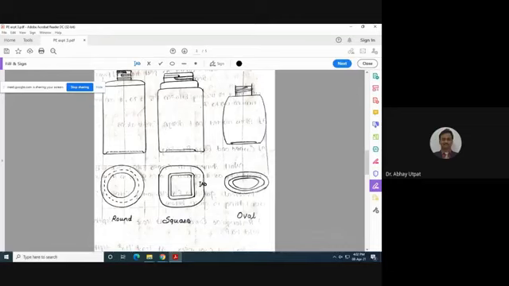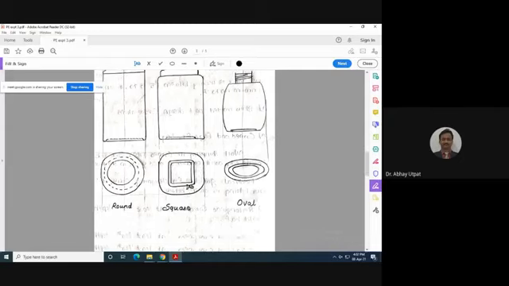So these are the parts of container design. Whenever you are going to design any container, you have to consider all these aspects. This is the third part which I was explaining to you.